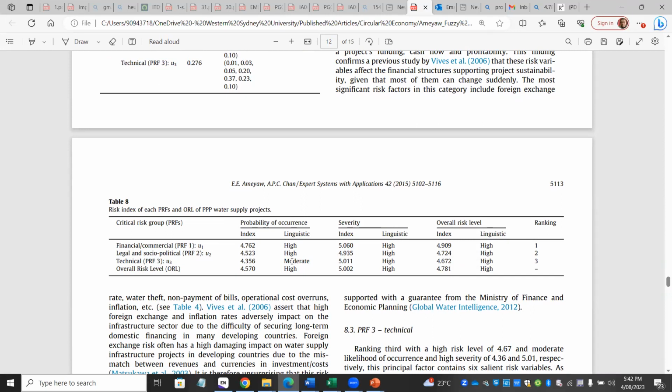Okay. So they were just trying to show or explain whether it's high, moderate, whatever. And then they ended up ranking it. So it seems that group 1 is the one leading with the highest risk score, followed by legal and social. This table is just to show you the summary.